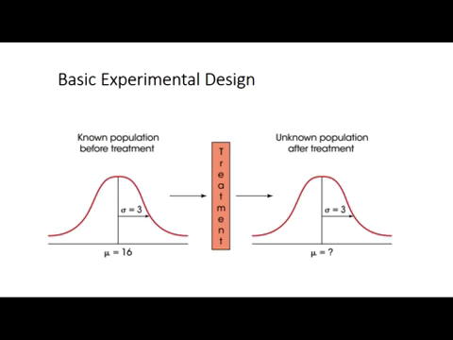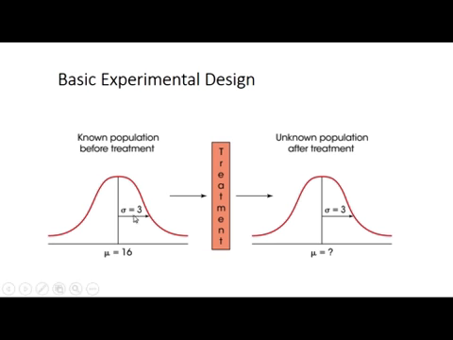In a basic experimental design, you typically know some information about your population. The basis for the experimental situation for hypothesis testing is that it's assumed that the parameter, the population mean, is known for the population before treatment. The purpose of the experiment is to determine whether or not the treatment has an effect on the population mean.